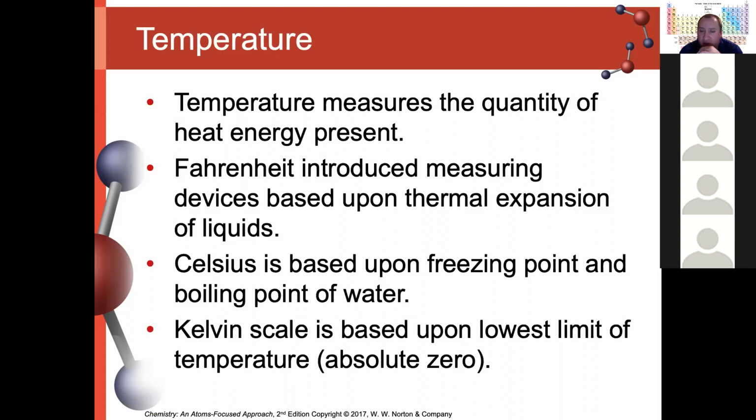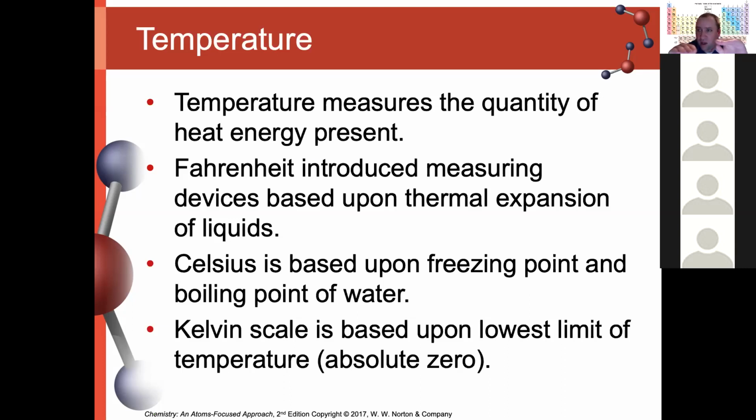And then Kelvin based his on the lowest limit of temperature. So what he did was he said, okay, there's a definitive 0 point, absolute 0. And at absolute 0, that definitive point, that's when there's no motion. That's when there's no energy.